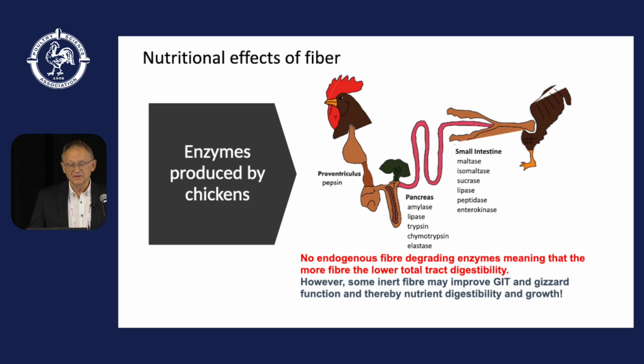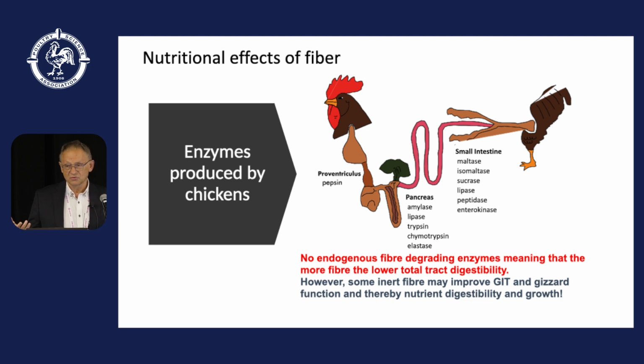When we look at the enzymes produced by the birds, you'll see that among the different enzymes there are no endogenous fiber-degrading enzymes, meaning that, in general, the more fiber, the lower the total tract digestibility of different nutrients.